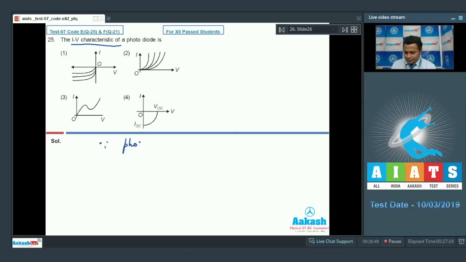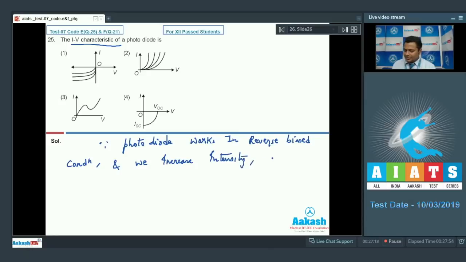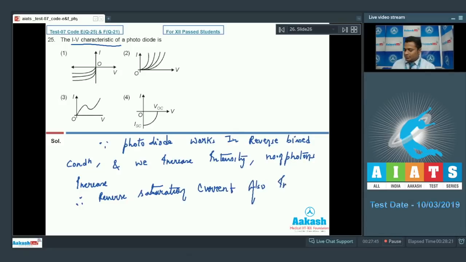Since the photodiode works in reverse biased condition and we increase the intensity, the number of photons increases, and therefore the reverse saturation current also increases.